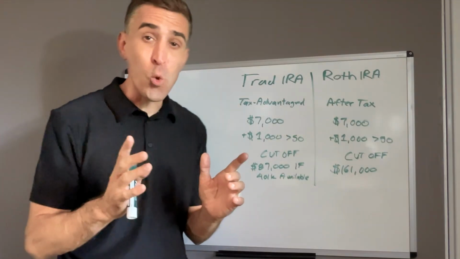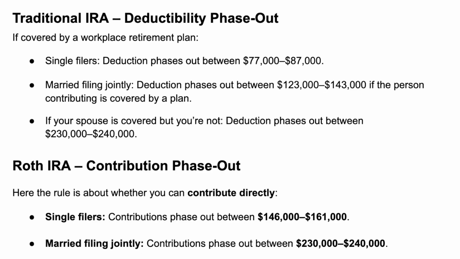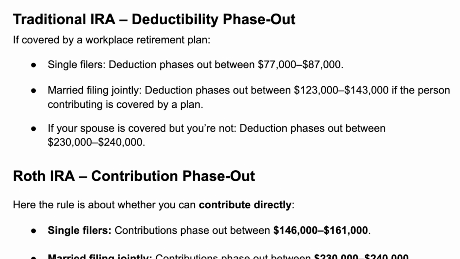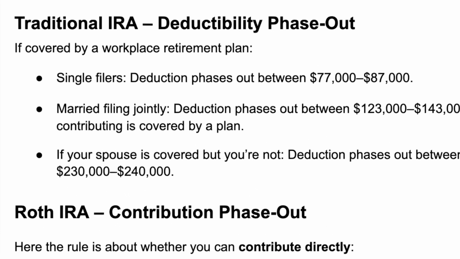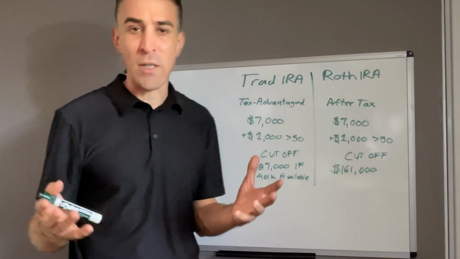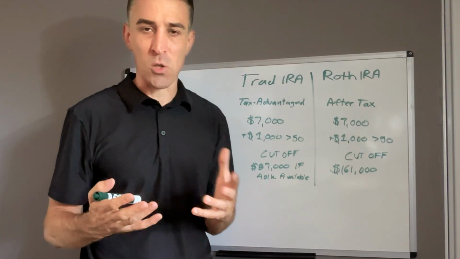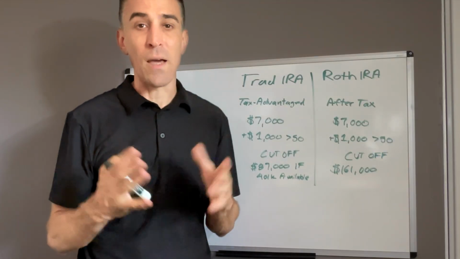Now, you can always contribute to a traditional IRA, but the tax advantages go away if you're eligible for an employer 401k plan and make over $87,000 a year as an individual. Now, there are some strategies to work around some of these limitations, one of them being a backdoor Roth conversion, which we will cover more in another video.